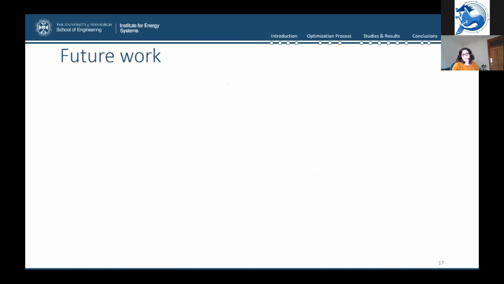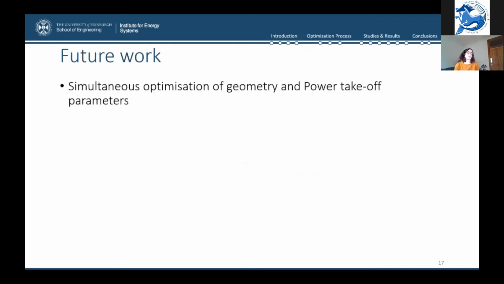So what's left for the future? There's plenty of things we could do, but I just wanted to highlight some of the main areas of research that would follow up from this research. So first, as I said, I developed an optimization approach to optimize the geometry of wave energy converters.